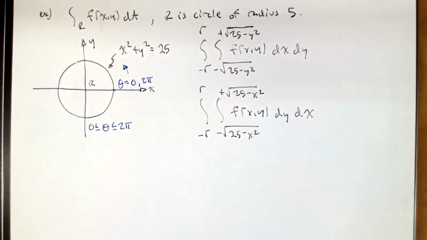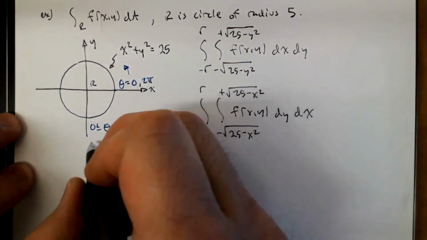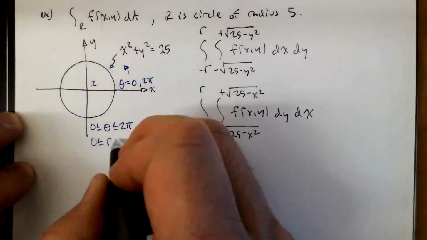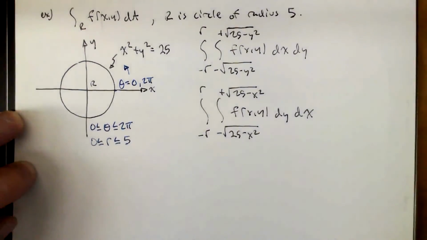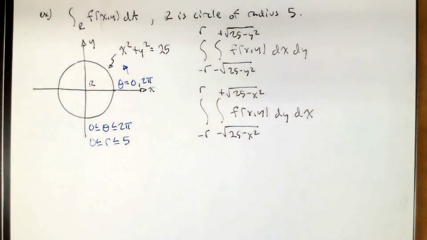And the radius is going to start at the origin, and we want all the circles up to a radius of 5. So the radius will start off at 0 and stop at 5. Notice that everything here is constants, because we're just dealing with a bunch of circles. And polar coordinates are really good at circles.